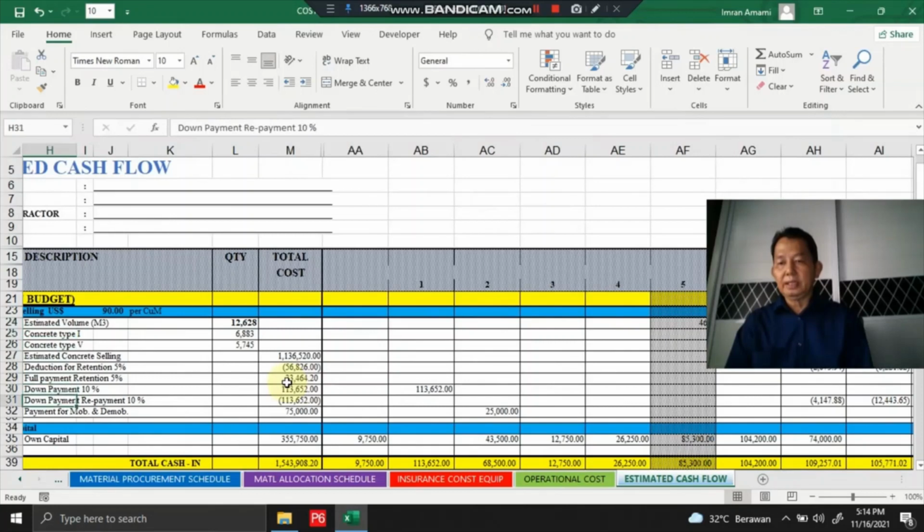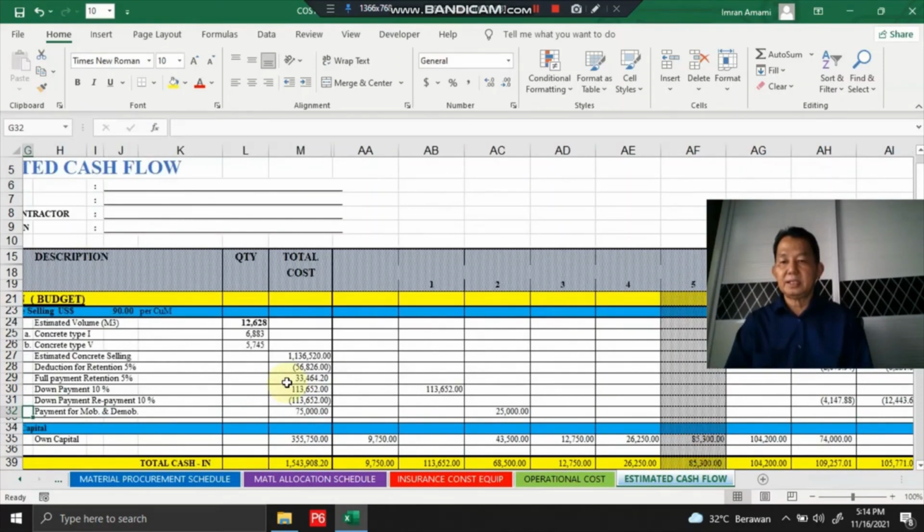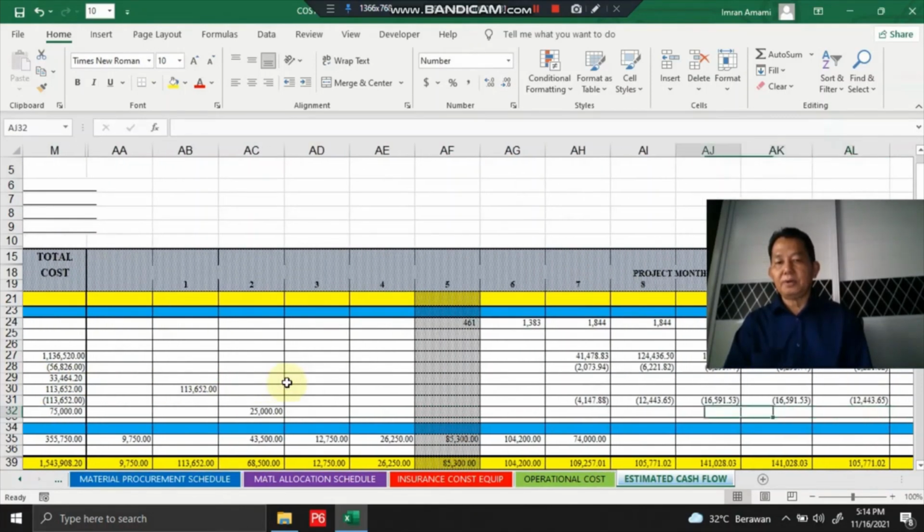And then we receive the payment for mobilization and demobilization here, 3 months earlier before the first month of concrete supply.